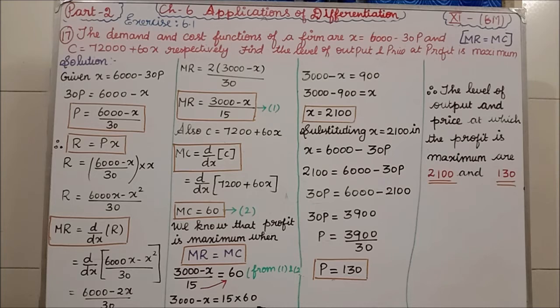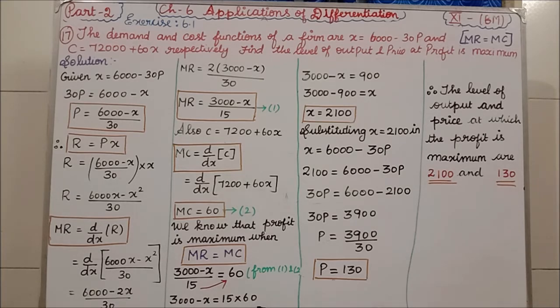In the starting of the video, we saw some important results based on profit. The last result we wrote is that when the profit is maximum, marginal revenue will be equal to marginal cost.